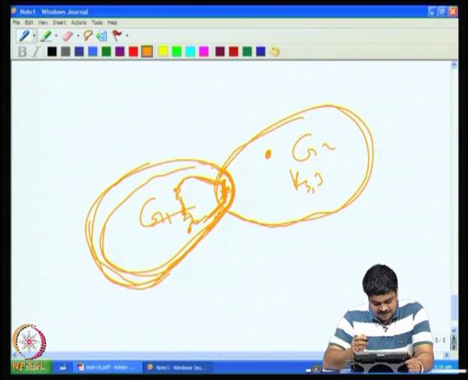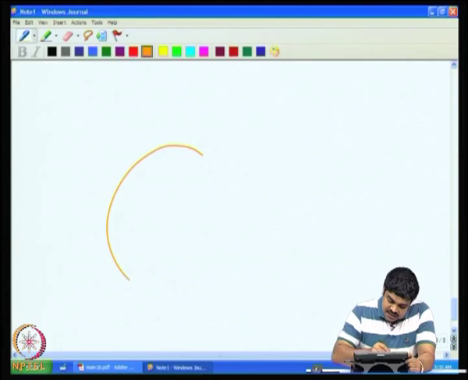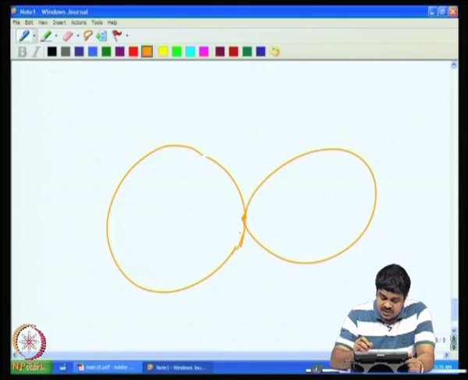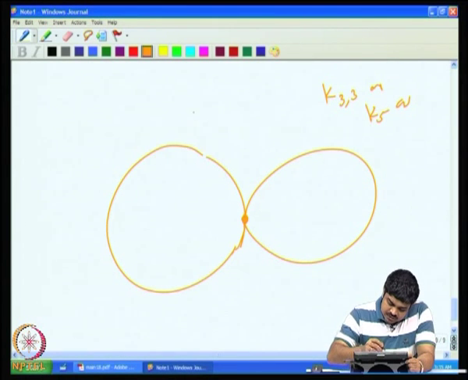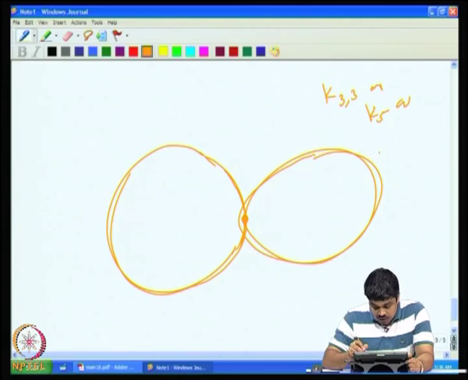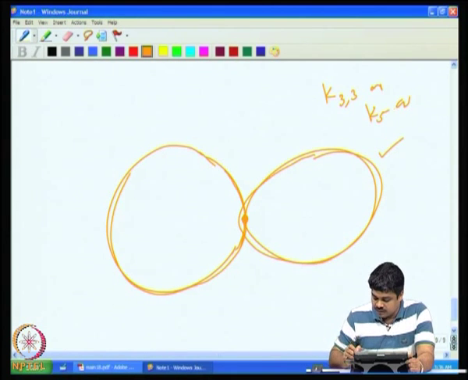In other words, if you consider the connectivity as 2, or for that matter even 1, the argument is correct. The assumption that the entire graph does not contain K33 or K5 as a minor means that this portion alone or this portion alone also does not contain K33 or K5 minor.